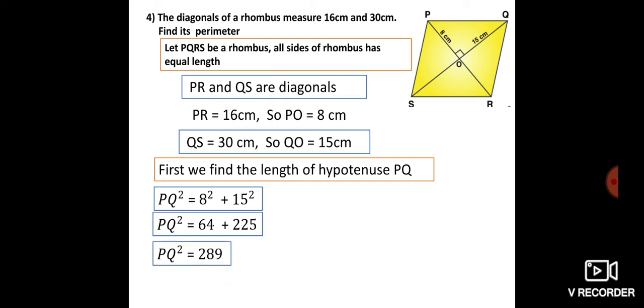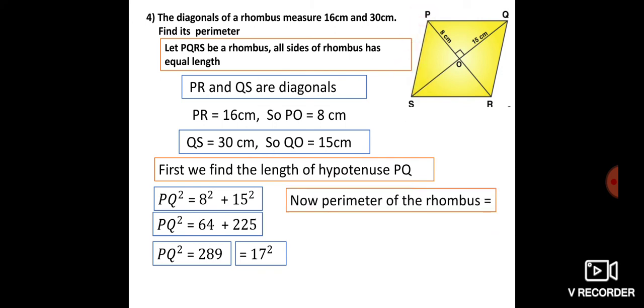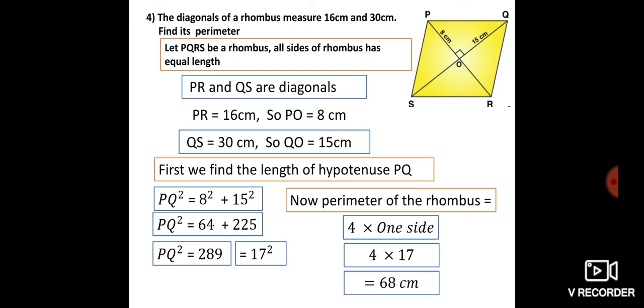PQ square equal to 289. 289 is 17 square, so PQ equal to 17 centimeter. PQ is 17, QR, RS and SP are 17 centimeter. Now perimeter of the rhombus equal to 4 into one side, that is 4 into 17, that is 68 centimeter.